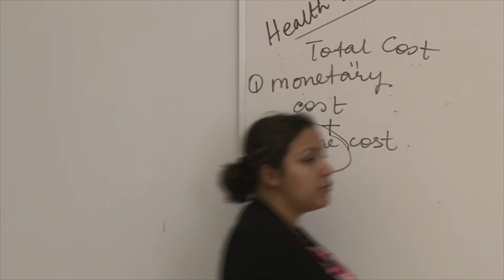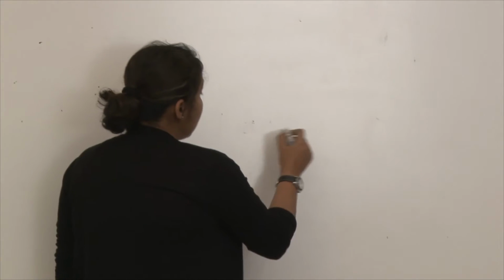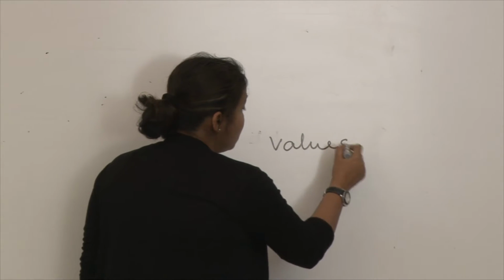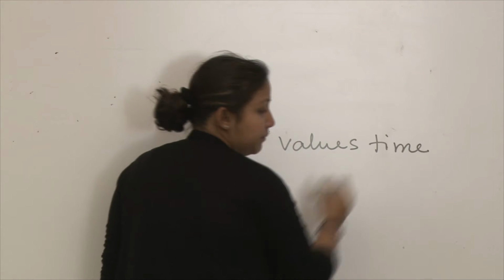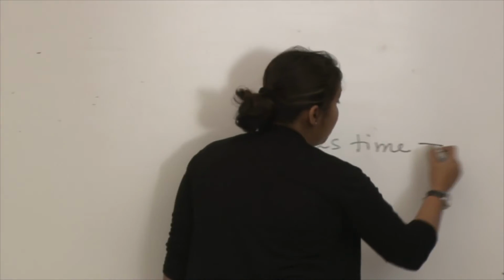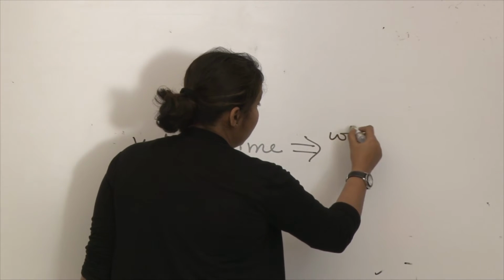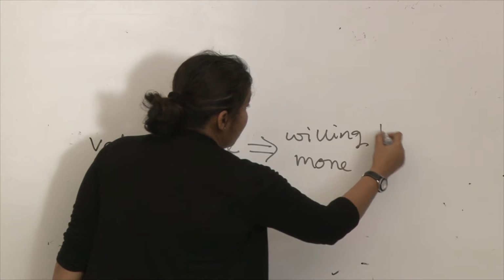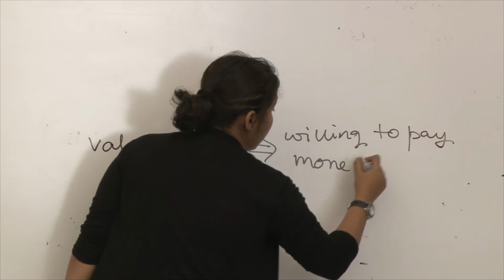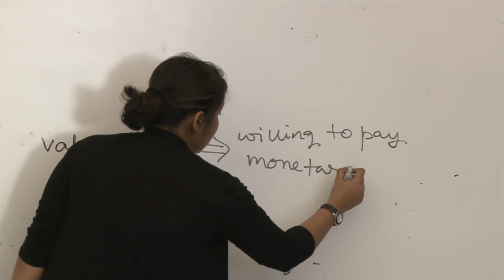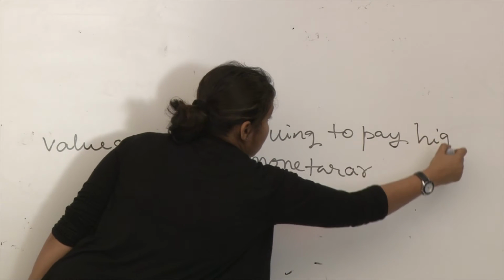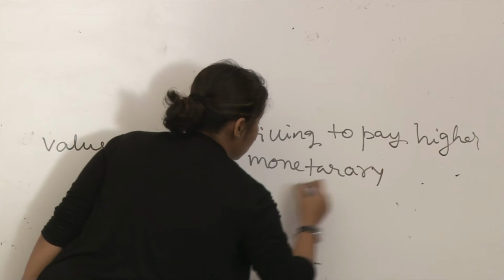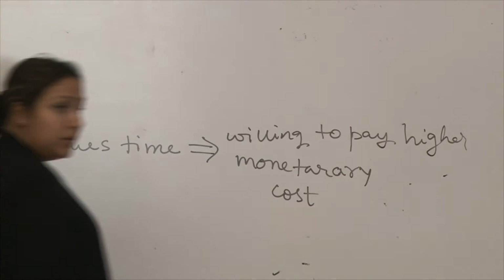So that means, what am I trying to say? I am trying to say that if a person values time, right, then that person will be willing to pay higher monetary cost, okay.